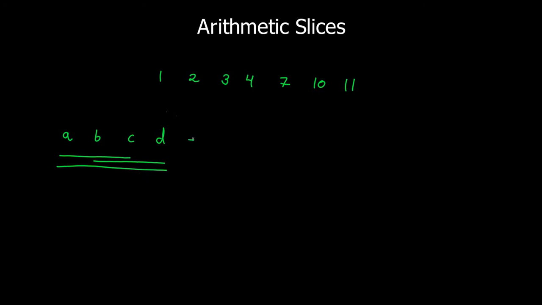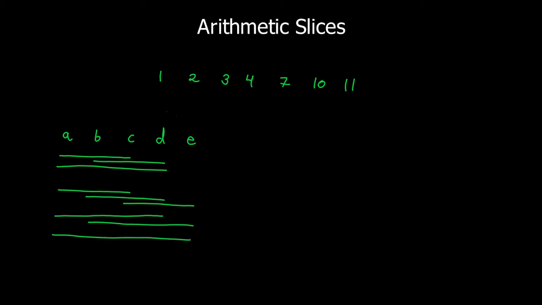And if we have 5 elements, then ABC, BCD, then CDE, then ABCD, BCDE, and finally ABCDE. So this is how the progression goes for slices when we have consecutive elements with equal difference.